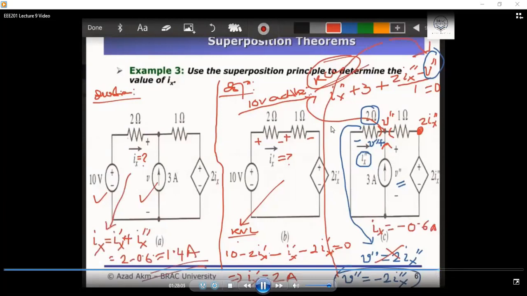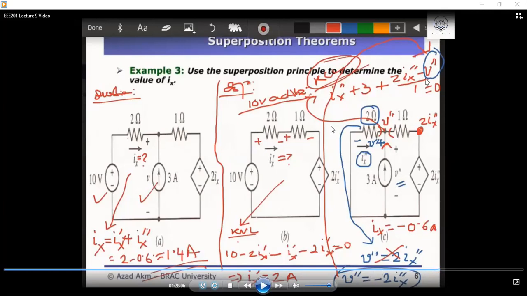Let's see this problem. I think you all understand. If you substitute V double prime as minus 2 Ix double prime here, then you solve the problem and the equation comes as minus 0.6 Ix double prime plus 3 plus 2 Ix double prime, since this value is minus 2 Ix double prime.